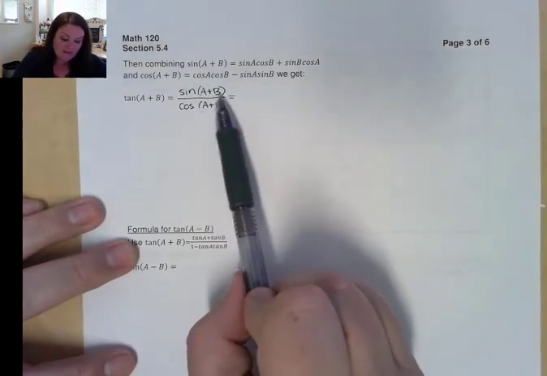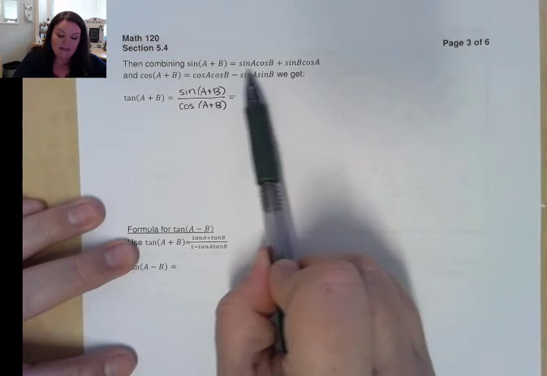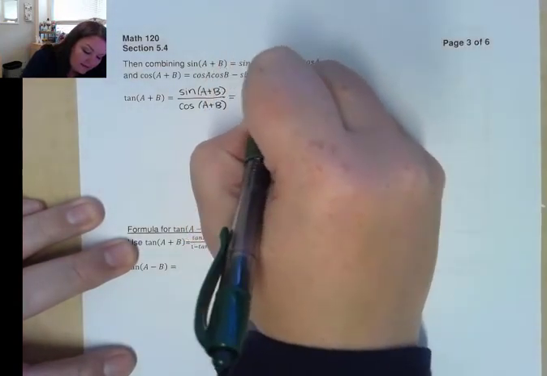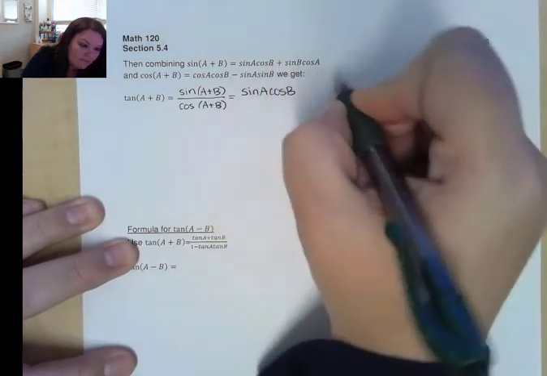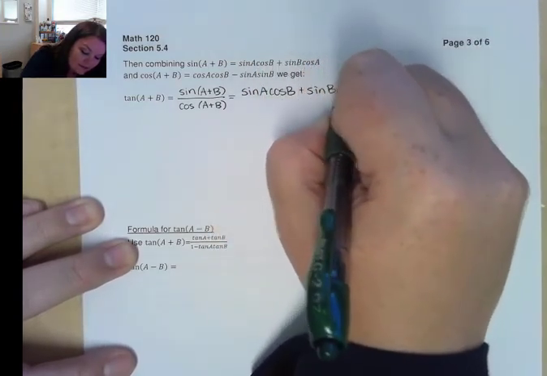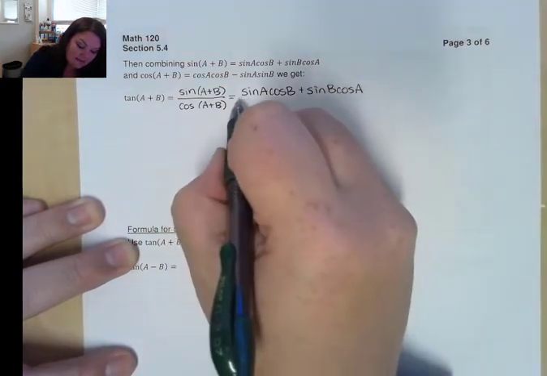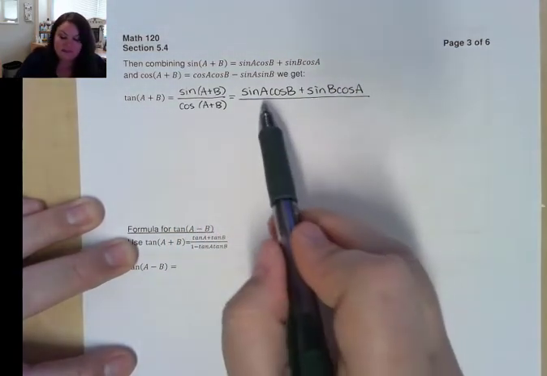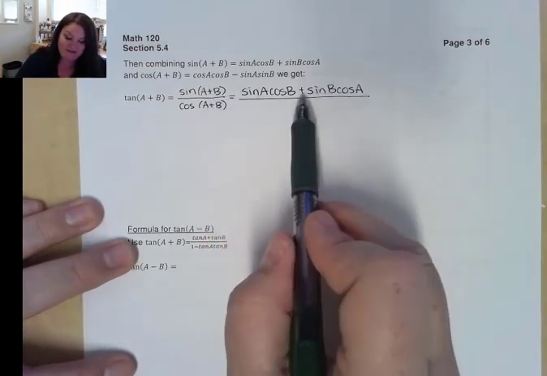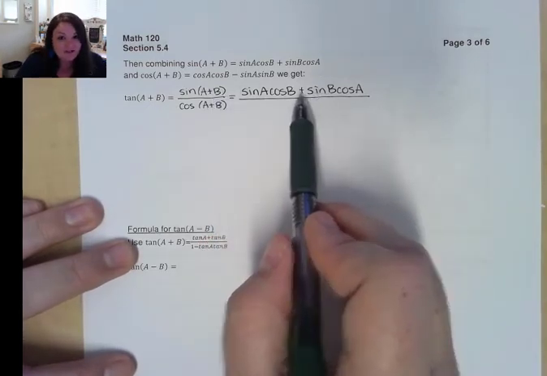So sine of A plus B, we can replace with sine A cosine B plus sine B cosine A, because that's our so cool ABBA, right? Started with an addition. It would be a sin to change it away from an addition.